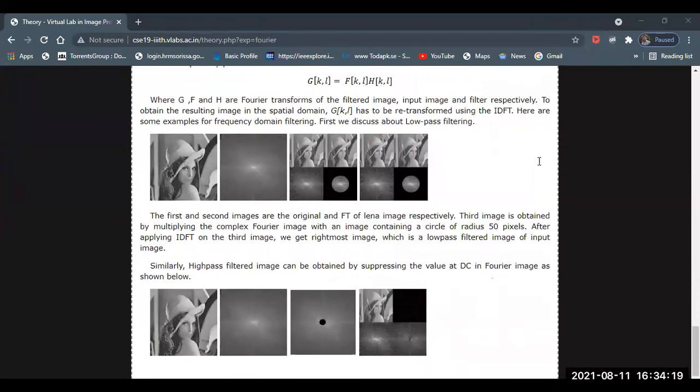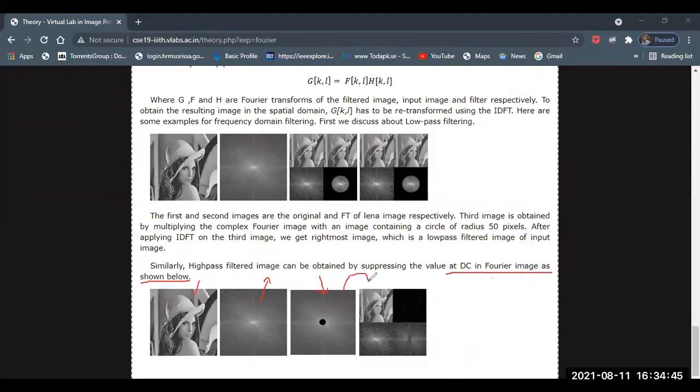Now similarly, you can perform the second example, the high pass filter, which we can obtain by subtracting the low pass filter from the Fourier image, as given below. This is my original image, and this is the original DFT. While multiplying with the high pass filter, we get an image like this.